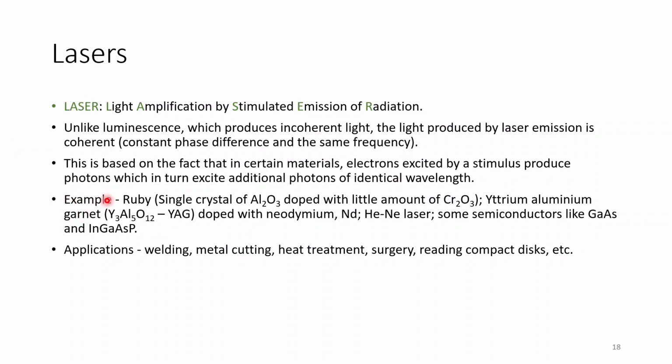Some of the examples are ruby, which is single crystal of alumina doped with a little amount of chromium; yttrium aluminum garnet, also known as YAG, which is Y3Al5O12 doped with neodymium, Nd; helium neon laser; and some semiconductors like gallium arsenide and indium gallium arsenide phosphide.